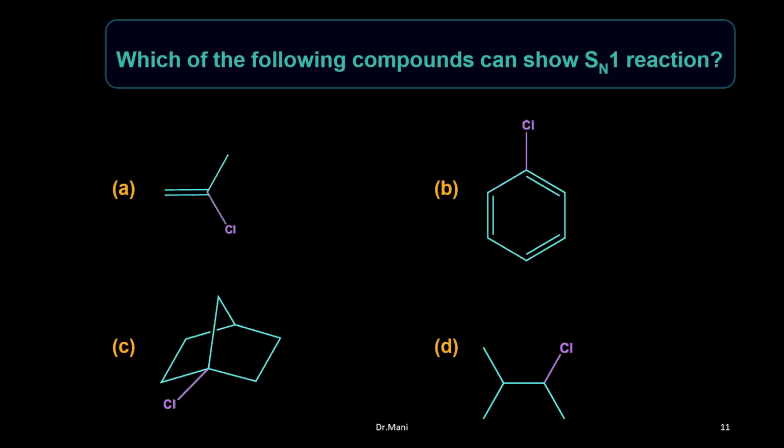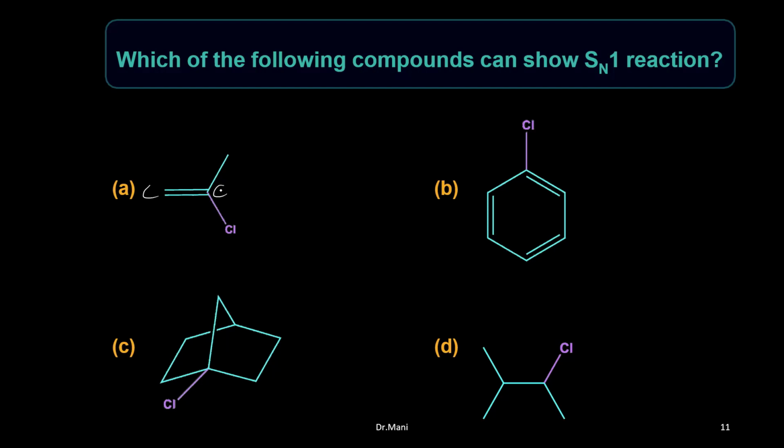Do you know the meaning of vinyl position? What is vinyl position? If the carbon is attached to a double bond, then we call it the vinyl position. If you see this one here, this carbon now acts like a vinyl carbon.